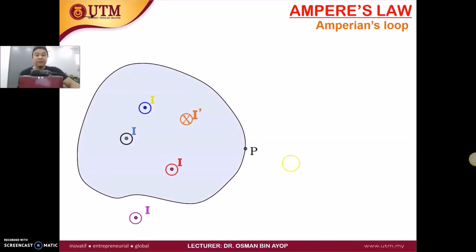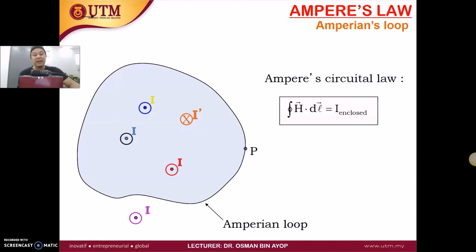Another example, let's say we have 5 current sources and we create the Amperian loop here, which covers only 4 current sources. This one is the current going out from the surface, and this is the current going in. So we only consider the 4 currents here, and the 5th current we will ignore because it is outside the Amperian loop.